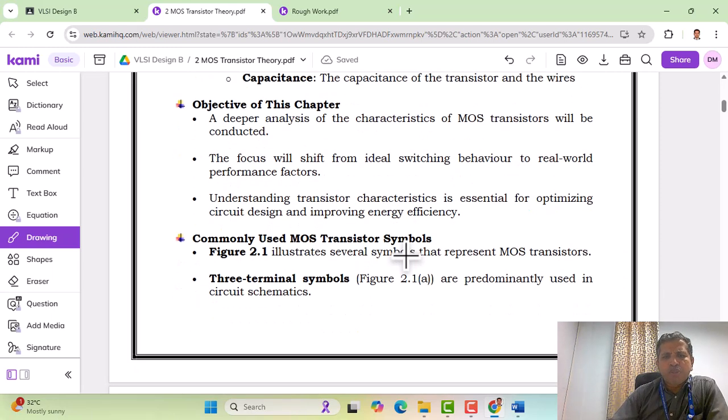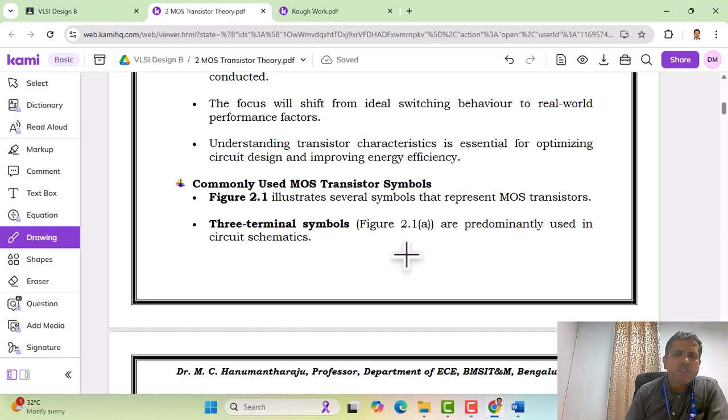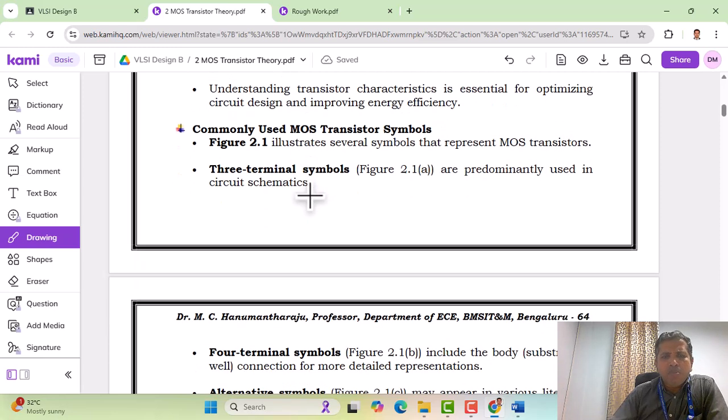Before moving to the details, let us look at the MOS transistor symbols that are widely used. Figure 2.1 illustrates several MOS symbols and representations of MOS transistors. Generally, a MOS transistor is represented with three terminals, as shown in figure 2.1a, and that is the main symbol used in various circuit schematics.